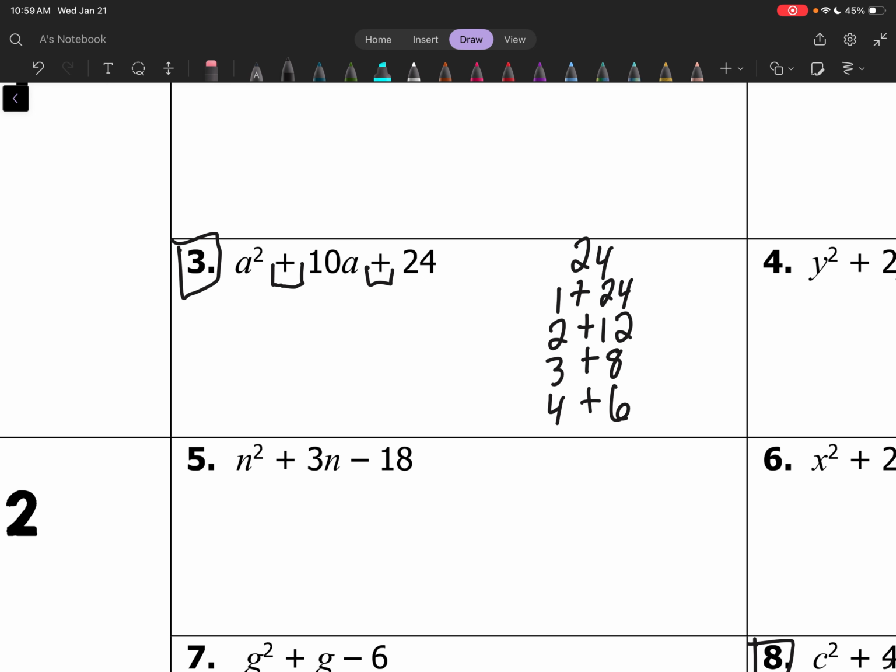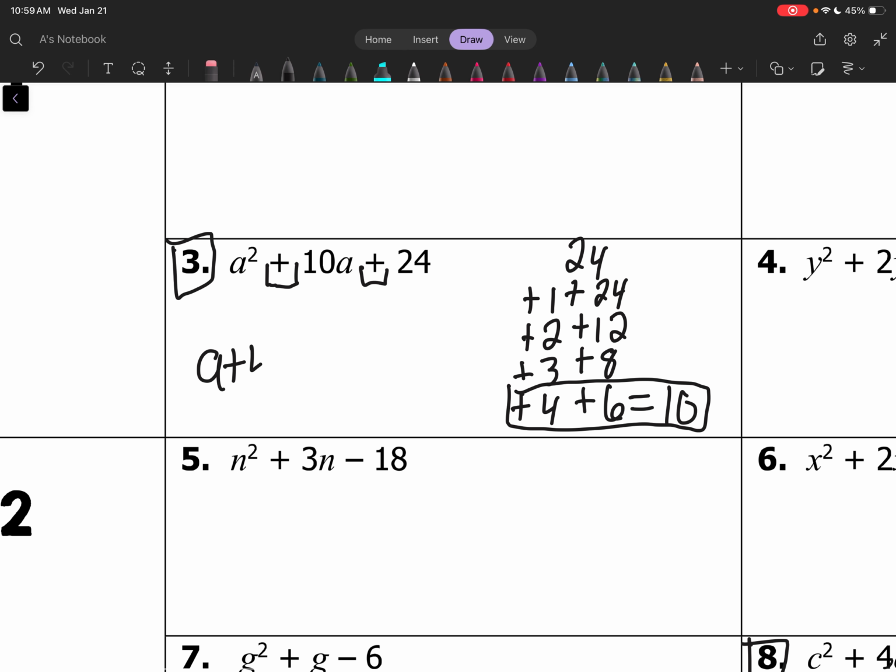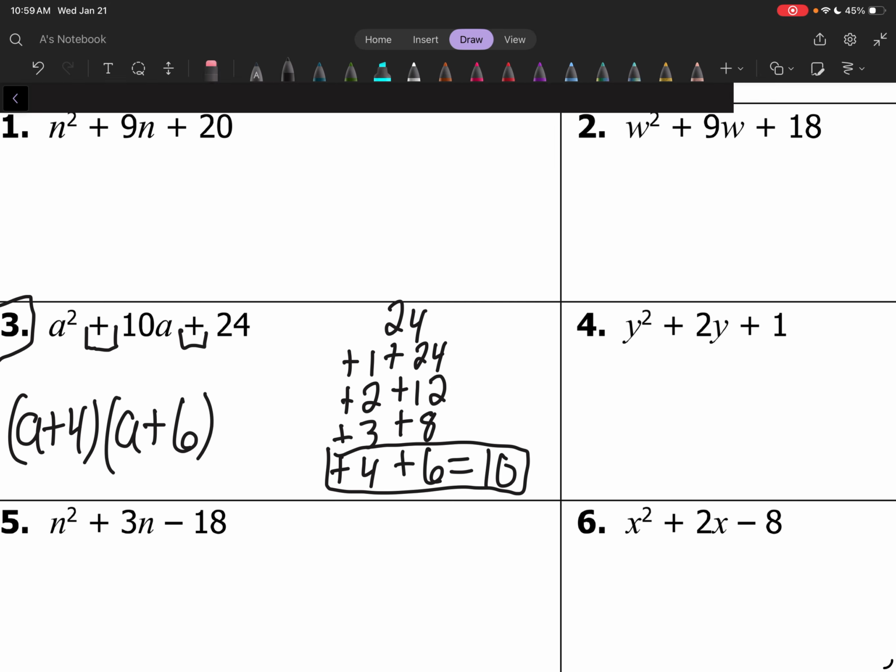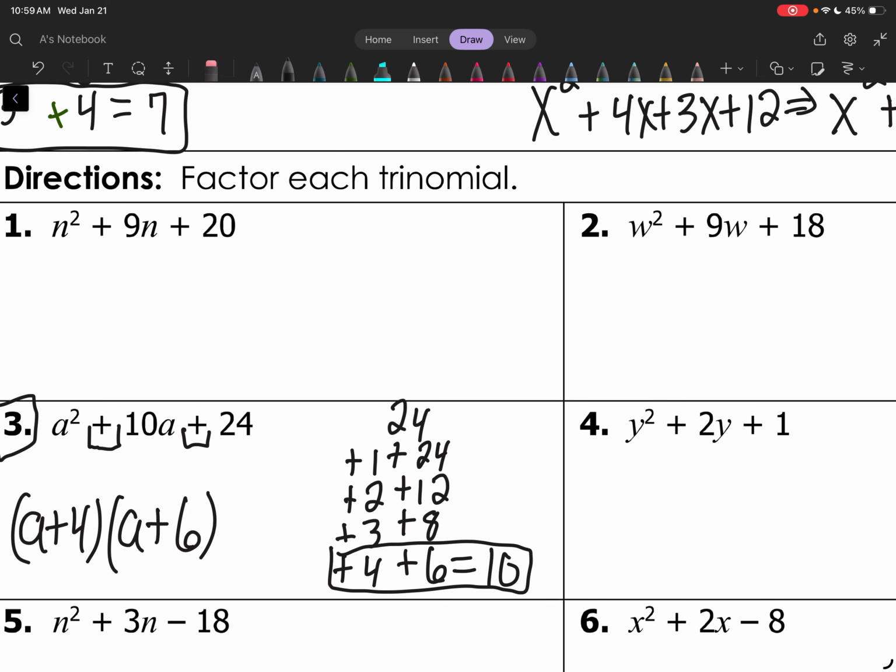They will have the same sign. Which one adds to 10? That would be the plus 4 and the plus 6. These are the numbers that I want. So I have a plus 4, a plus 6. Finished. Pause the video and try 1 through 4.